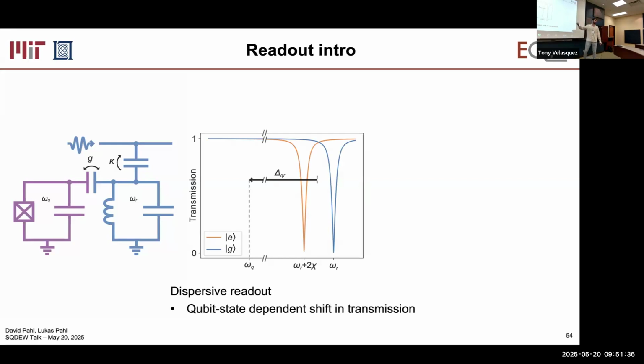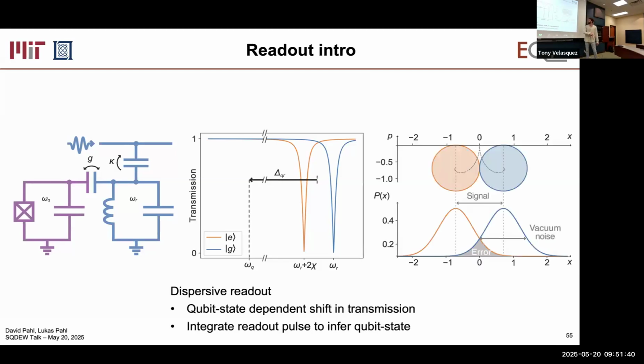And this difference you can use to determine whether your qubit was in the ground or excited state. So what we do is we just send a pulse at, say, this frequency here, and then you integrate that signal for a certain duration, and that number will be very different depending on if your qubit was in the ground or excited state. That number ends up looking like a blob.